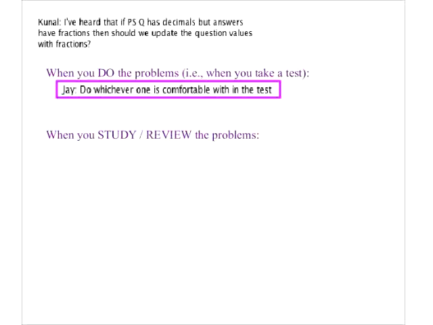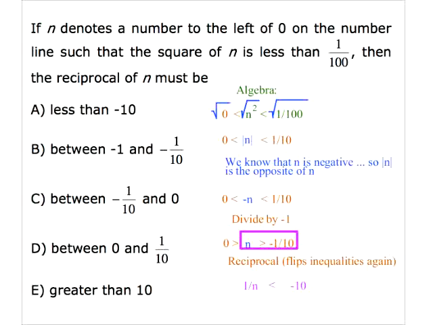So if you like decimals better, then do decimals. If you like fractions better, then do fractions. Everything we did here, you could also do with decimals. If I wanted to make that 0.01, that works. That's still 0.1, that's 0.1, that's -0.1.